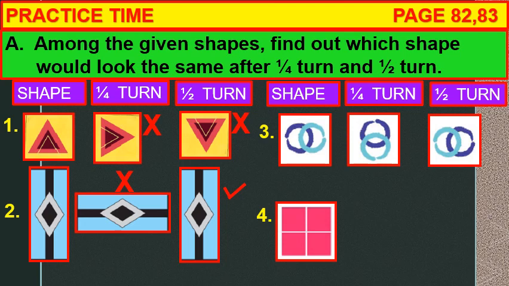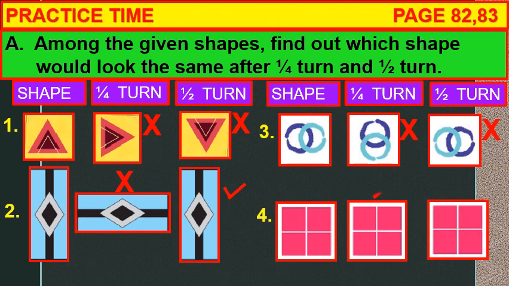Now let us consider the fourth shape and give a 1/4 and half turn. So now for this figure, both the shapes will look the same as the original shape after giving a 1/4 turn and half turn.